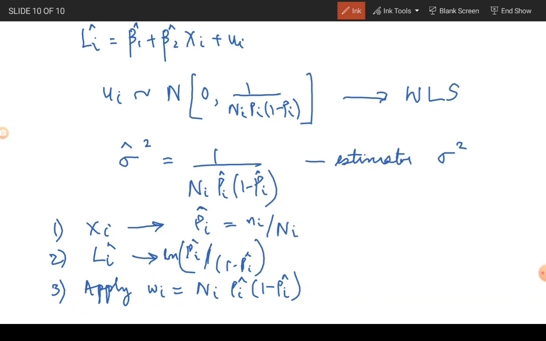And these estimators will be BLUE. Okay. Finally, you can use these estimators for building your confidence intervals or testing hypotheses, as we have been doing for the models that we have discussed earlier.